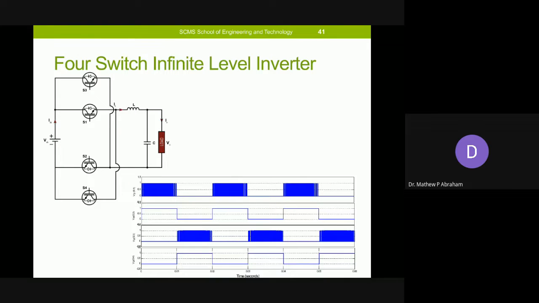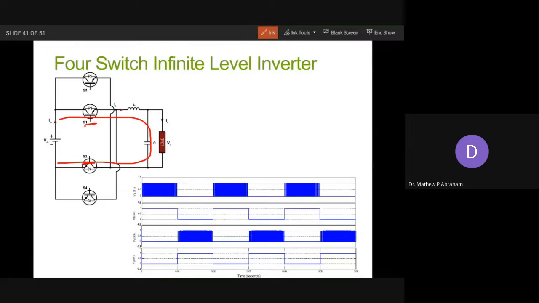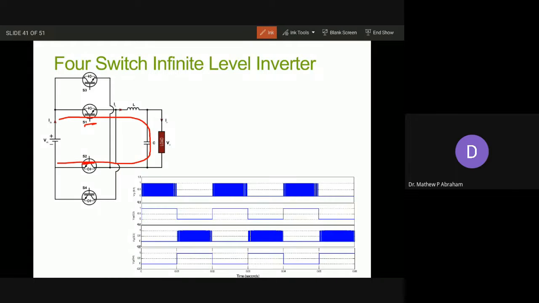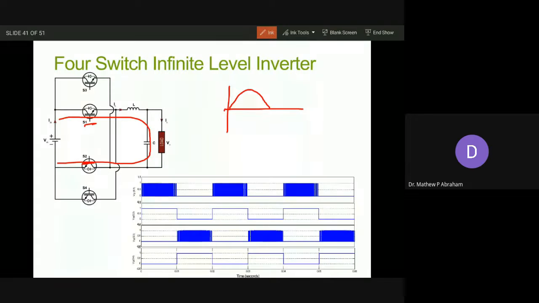We operate this as a buck switch, but the loop is closed, and this switch is always kept on, so that it acts as a buck converter, and the duty cycle is varied. So we get output voltage like this.